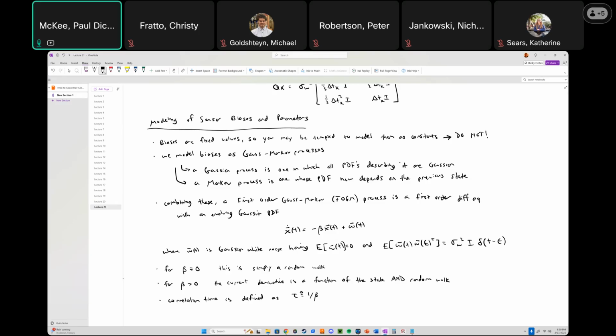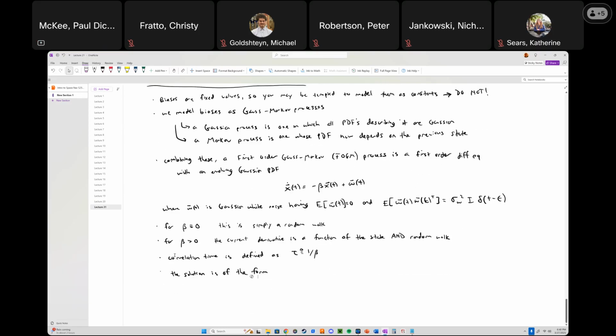And the solution to our bias term is of the form x of t is x of t naught times the exponential function of negative beta (t minus t naught), plus the net effect of all that noise.